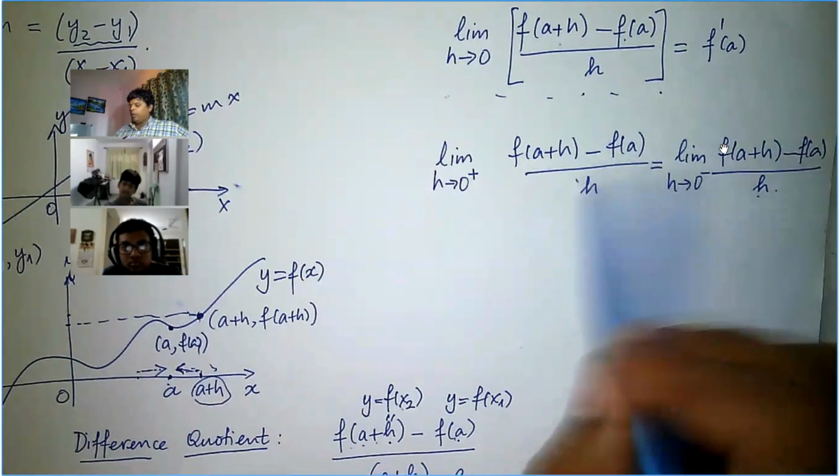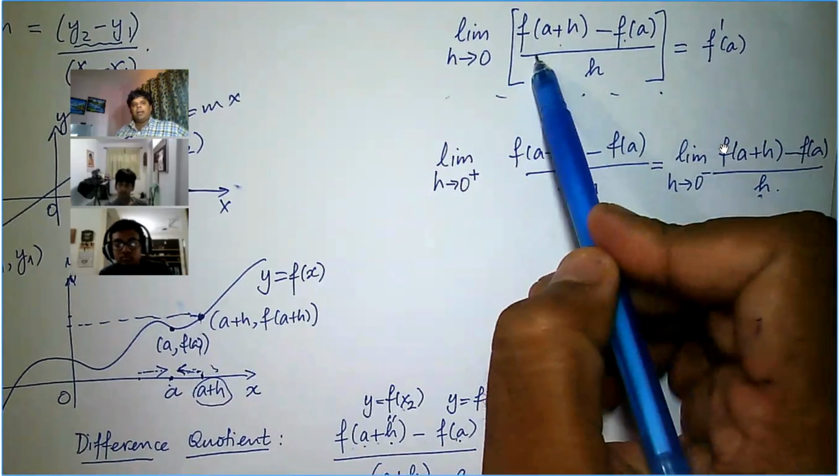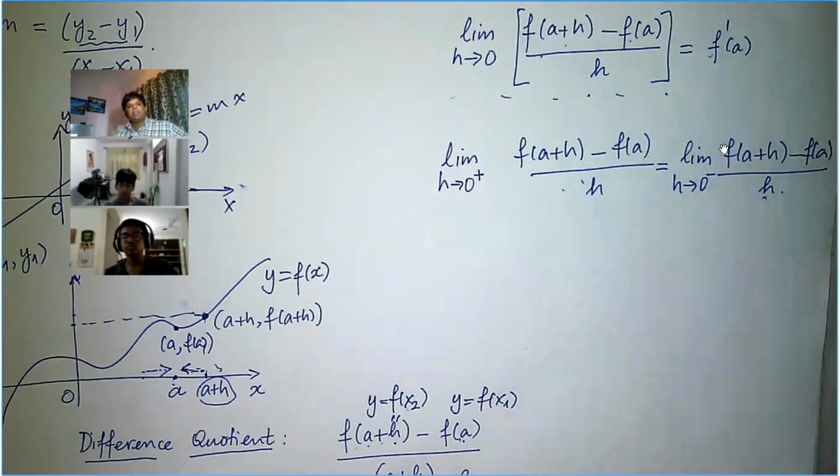If these two are equal, then that will be the limit, and that will be exactly the derivative of the function at the point x equals a.